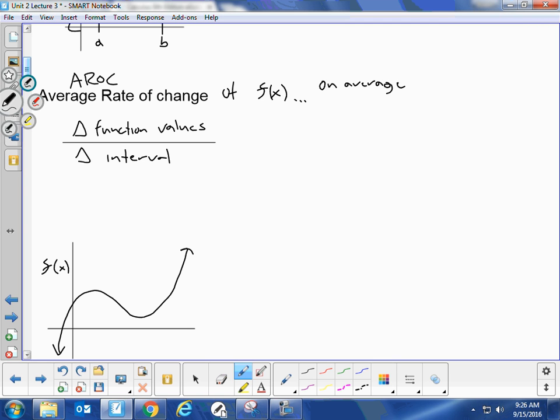And on average, how much are we moving up or down for y's? How much our y's are changing for every 1 x, we can say.